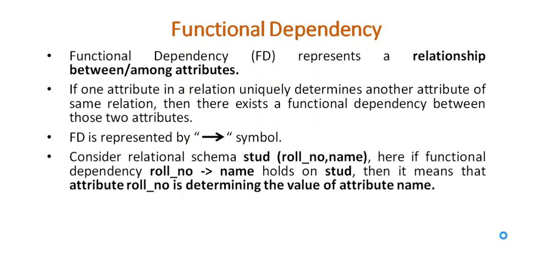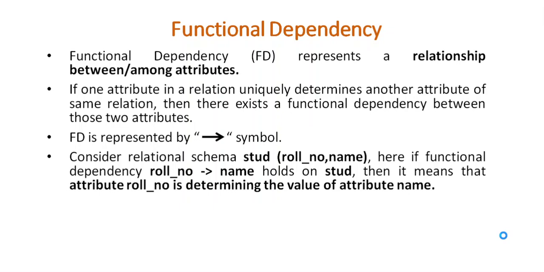Then we can say that attribute roll number is determining the attribute name. Now see, in a student relation, which is used to store the information of all students in one class, all students have a unique roll number. So by using that roll number we can identify the name of the student. It means that the roll number attribute is determining the value of name.